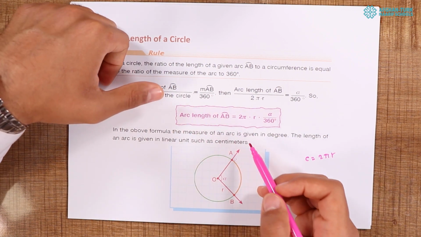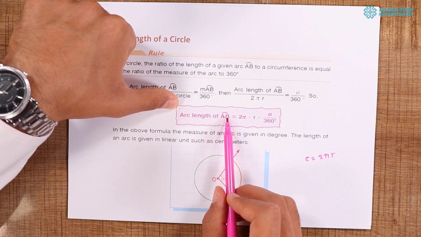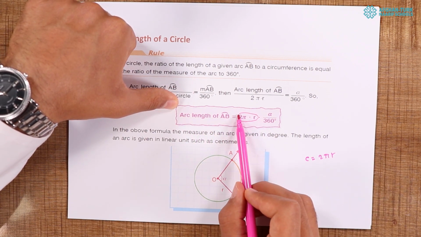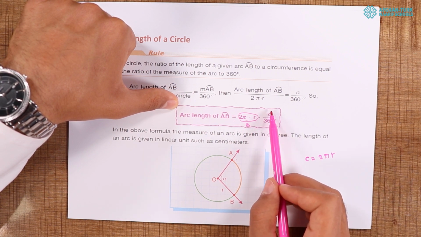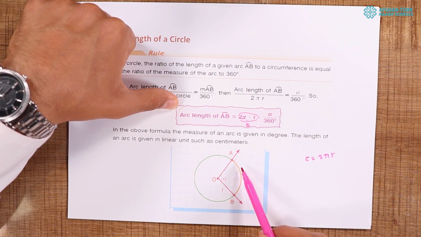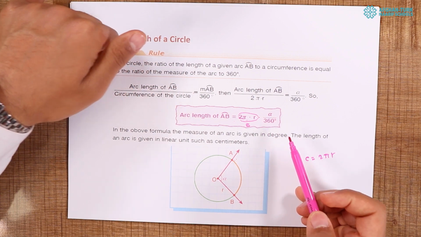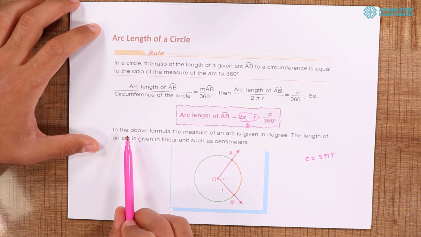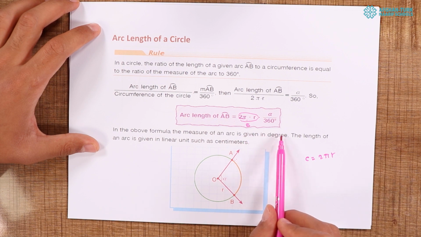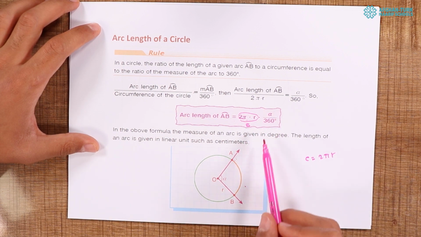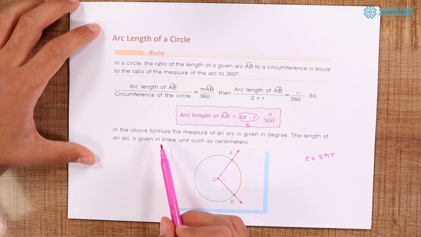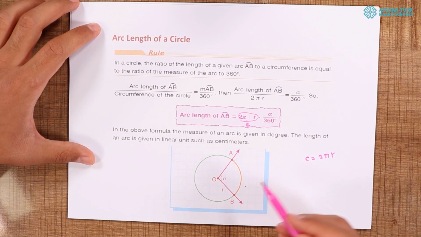So if we simplify, the arc length of AB is equal to 2 pi r, which is the circumference, times A over 360 degrees. Okay, in the above formula, the measure of an arc is given in degrees. In here the measure of AB was in degrees, but the length of an arc is given in linear units such as centimeters.